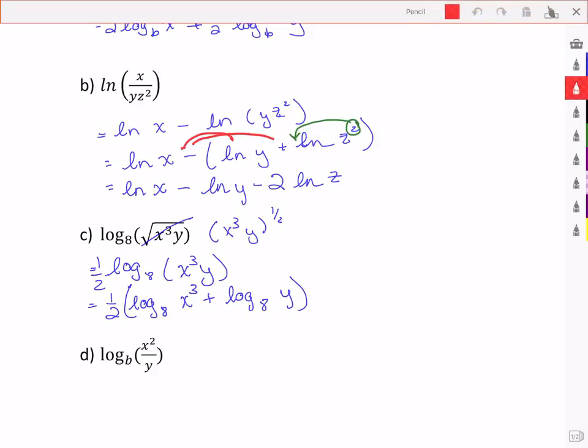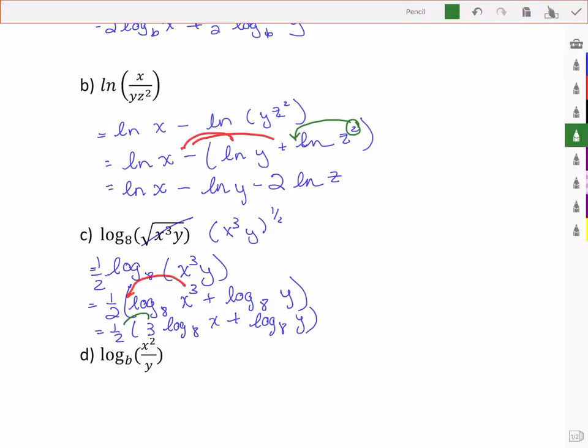At this point, I'm going to move this 3 to the front of just that log. So 1/2 times 3 log 8 of x plus log 8 of y.